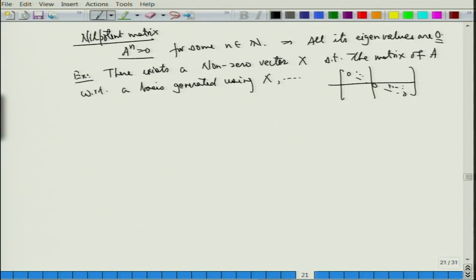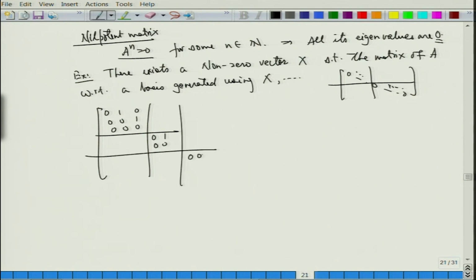All right. So we have taken an example for you. If you remember, we had a matrix here, say 0 1 0 0 0 1 0 0 0. For example, I can take this matrix which is of the size 4 plus 3 plus 2 is 9 cross 9, and you can say it is nilpotent.